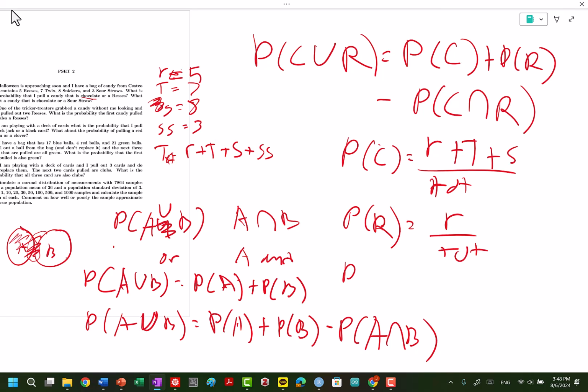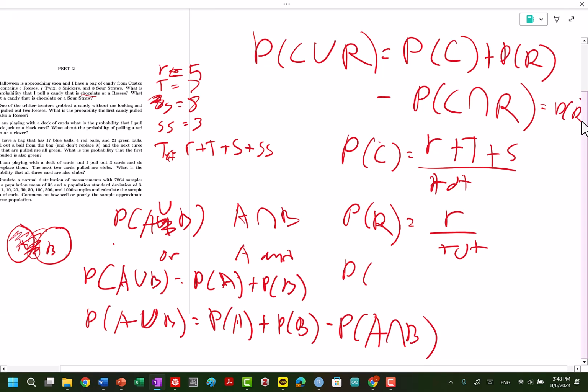And then the probability of chocolate and Reese's is just the probability that I pull a candy bar that is a Reese's, so it's also equal to the probability of Reese's. So we're actually going to cancel those out.